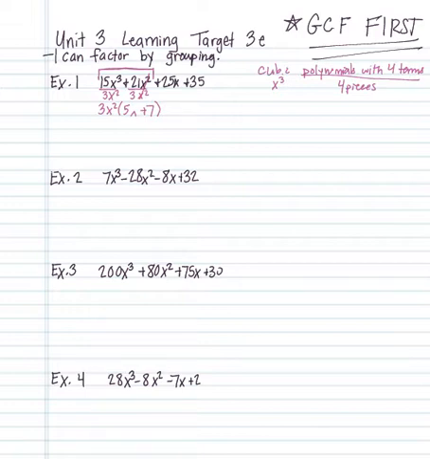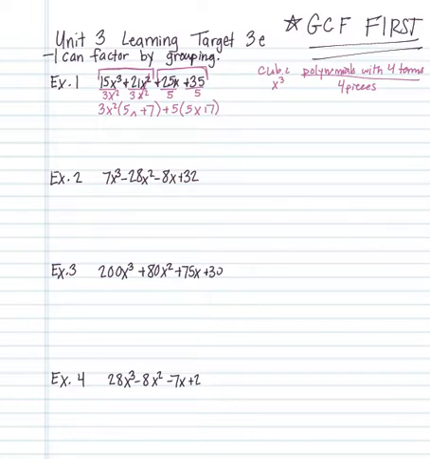Then we look at our second piece. So if we look at 25x plus 35, you ask again, what can I take out of those pieces? 5 goes into both of those. So we're going to take out a positive 5. 25 divided by 5 is 5, and we have an x with it. 35 divided by 5 is 7.